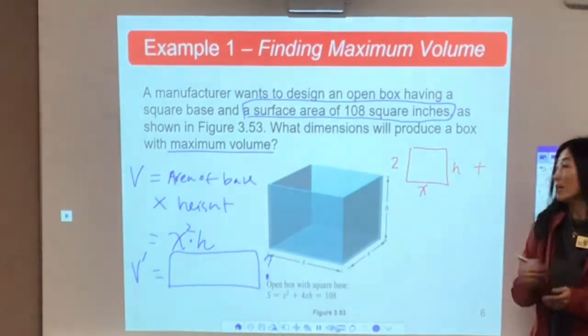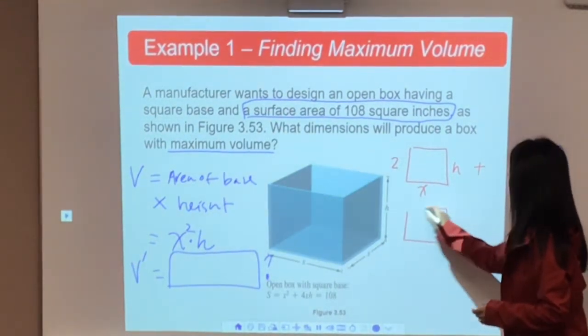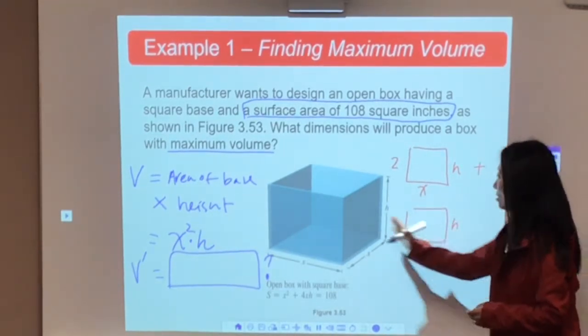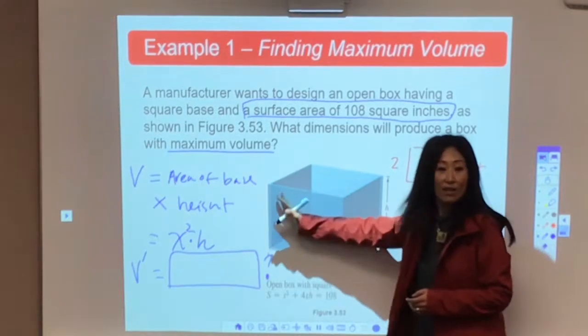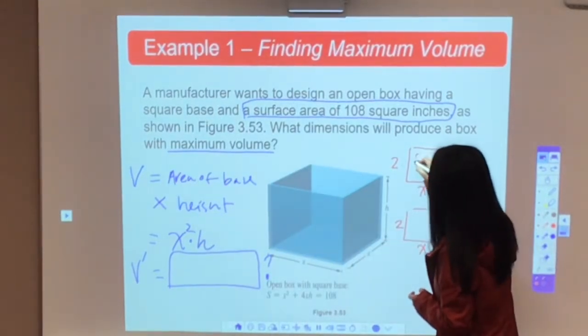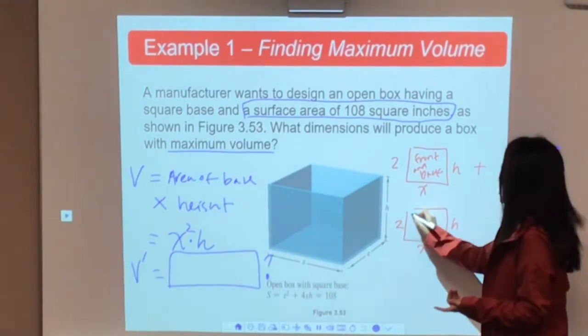All right, what about this one? This is also x times h. How many of that side do you have? Two. This is the front and back, and this is the right and left side.